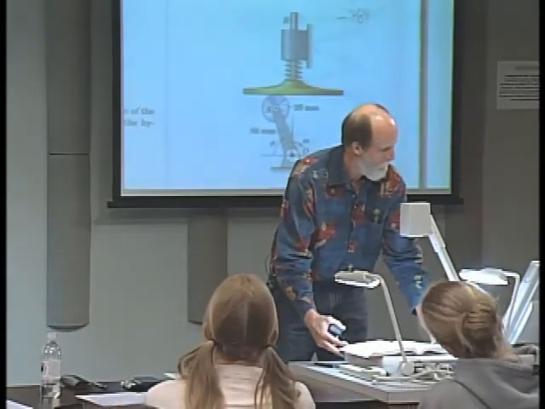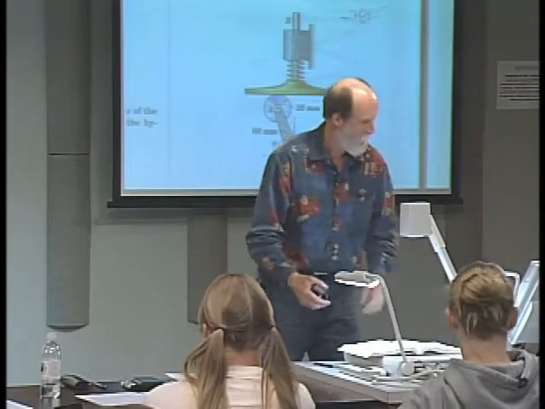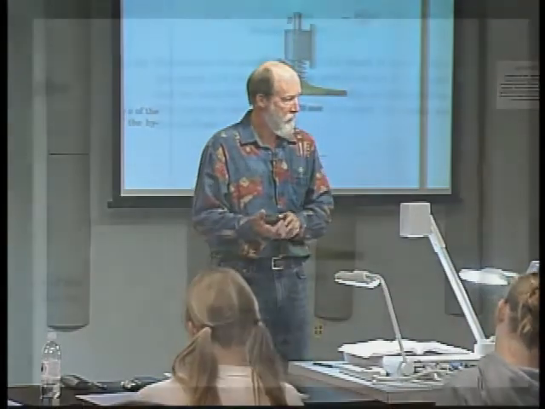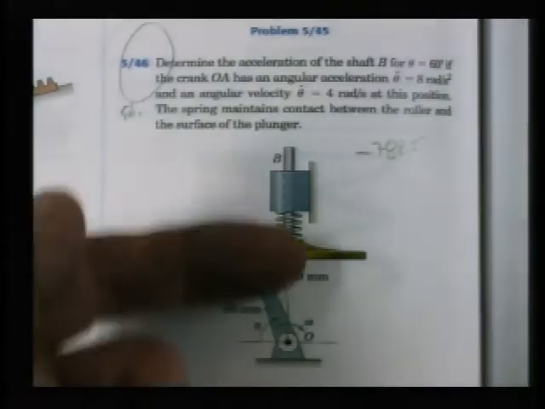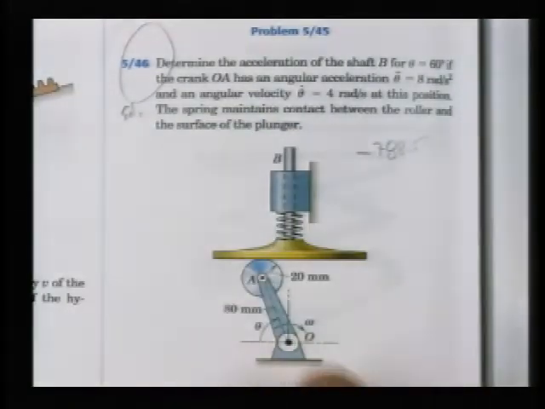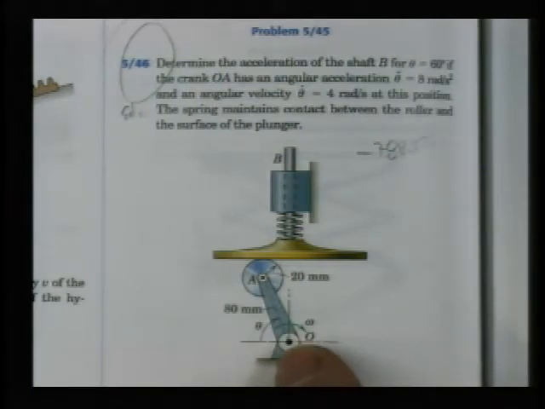Here's one. This is like a valve type of plunger that moves only vertically. And then we've got this rolling arm down below here.